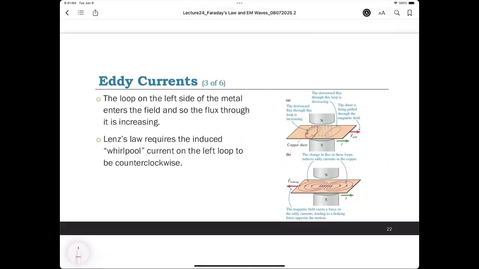So when it moves in this direction, the flux through it is increasing, which means it will generate an opposite field. If you use Lenz's law, you will find the current is counterclockwise. Lenz's law requires the induced whirlpool current on the left loop to be counterclockwise.